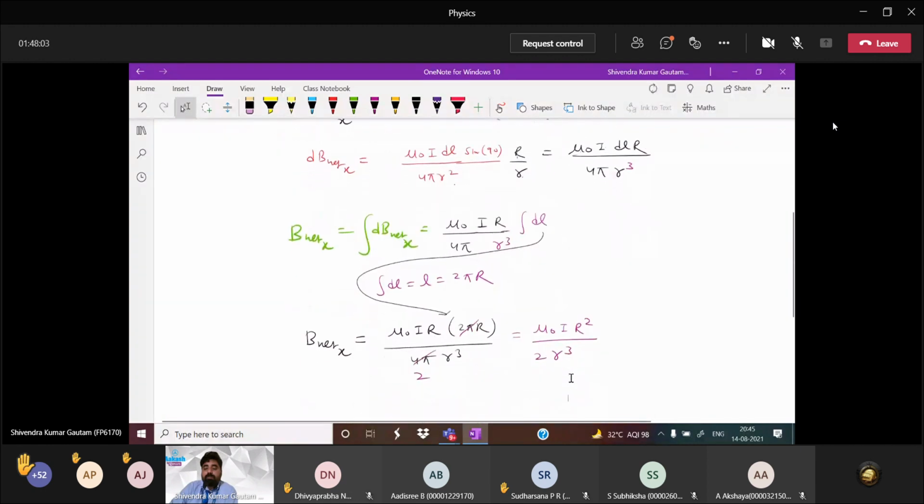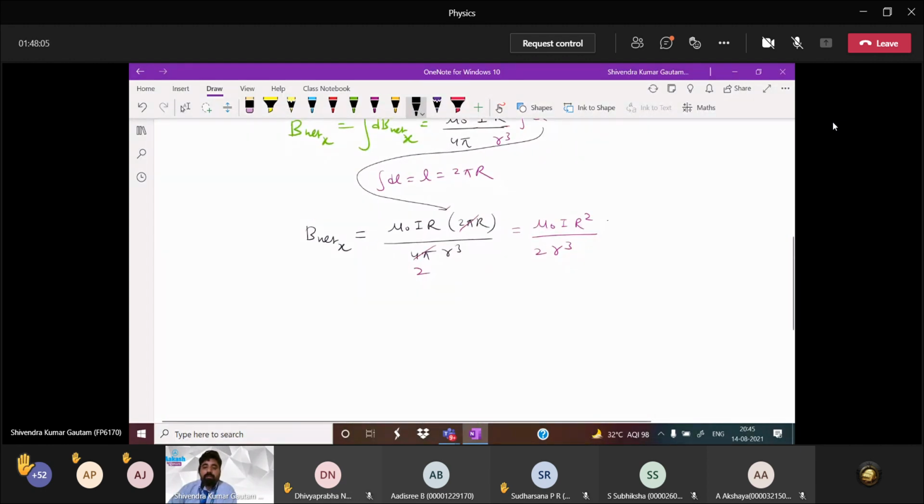So if I write this, I get the expression mu naught I R square divided by 2 into r cube. What is the r value? R square plus x square, root, power 1 by 2. Power 3 is there, or not? So the 3 will multiply with this and you will get 3 by 2.